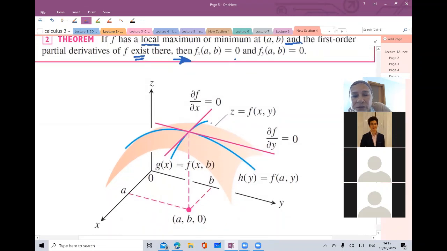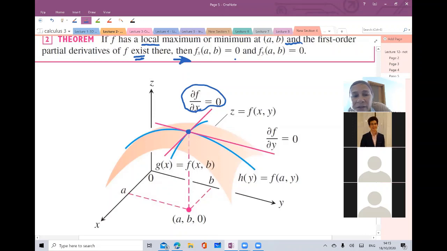If this is my surface, the lower shaded part there, and I'm looking at this maximum value of the function on the surface, I'll notice that the derivatives, or the slopes of the tangent lines, the red lines to the curves of intersection, must be equal to 0 because it's a maximum. What does maximum mean? It means it is greater than any other values around it.